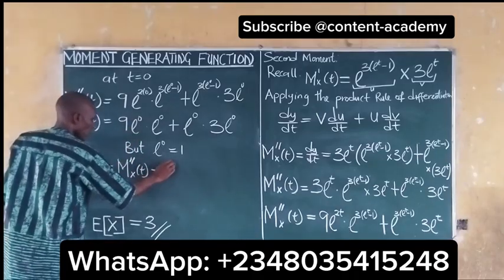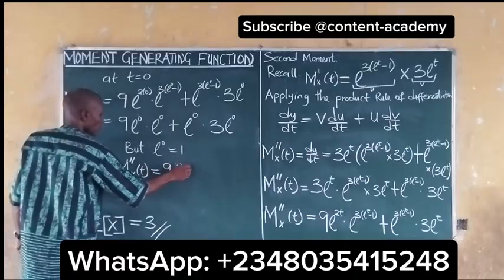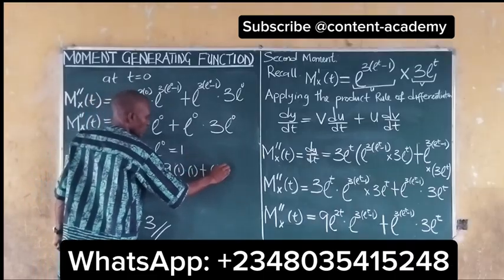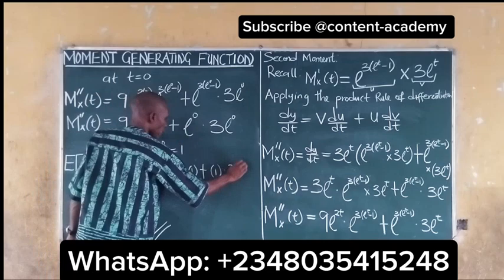This is 1, so we have 9 multiplied by 1 multiplied by 1 plus 1 multiplied by 3 multiplied by 1.